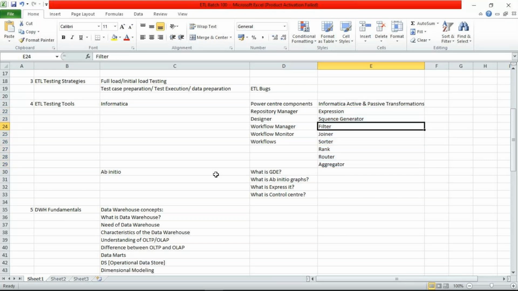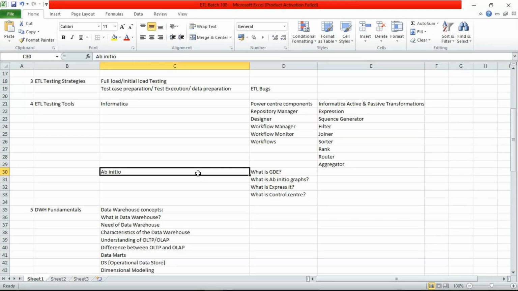Then we'll move to Ab initio. Ab initio is another ETL tool, widely used in the industry after Informatica. Ab initio has different versions within that tool as per our specification.